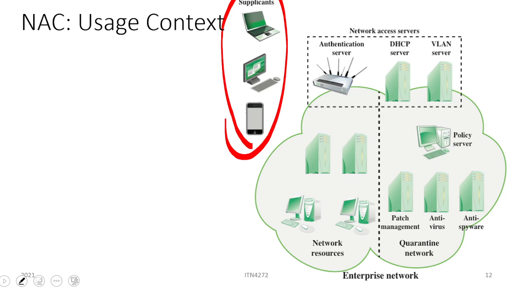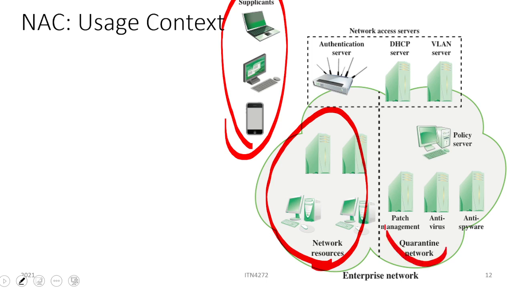Then we have our resources that we have as part of our network. Then we also have certain parts of the network that we would identify as the quarantine network.